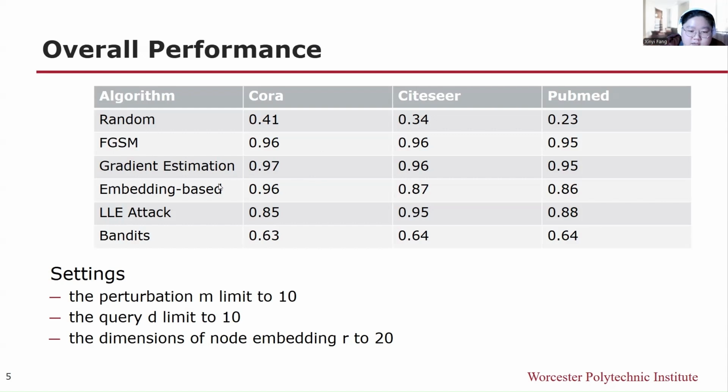For the embedding-based method, it performs well on Quora. For the LE attack method, it performs well on the SciSayer dataset, which is very close to the gradient estimation. And all of the three methods perform better than bandits. In addition, the random attack performs worse, which makes sense.